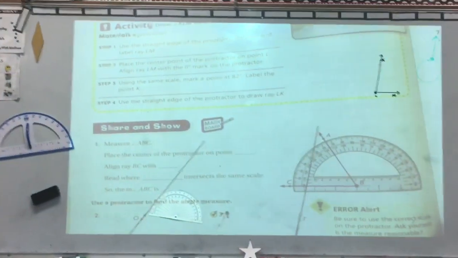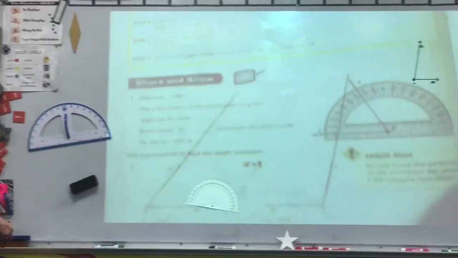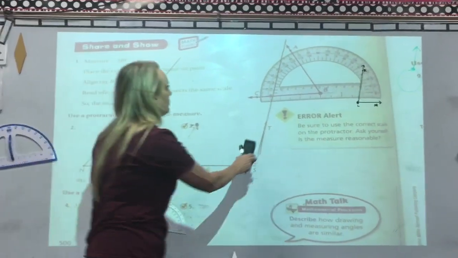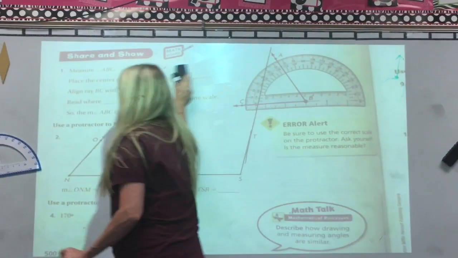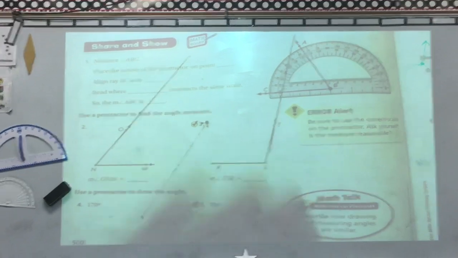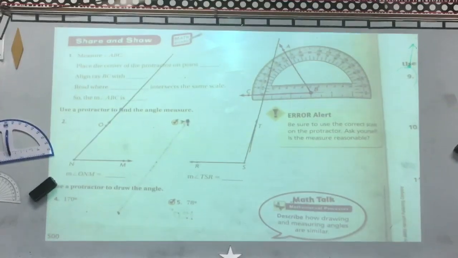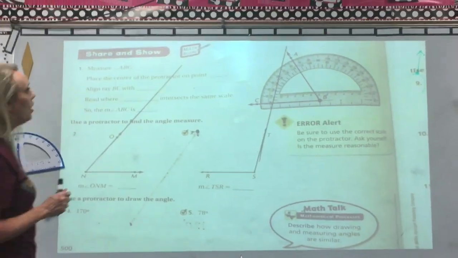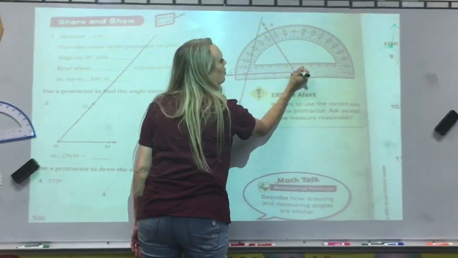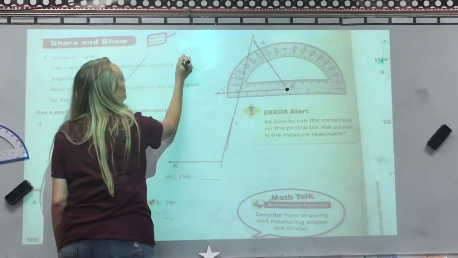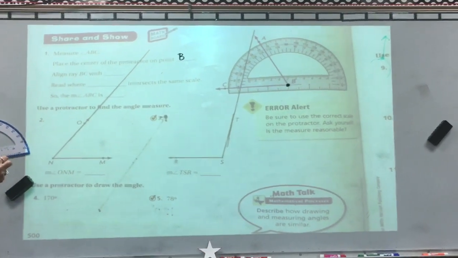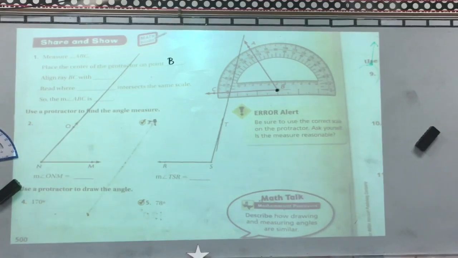Take a look at the next one. It says share and show. It says measure angle ABC. Place the center of the protractor on point what? Where do we put the center? Right there in the middle on point B. It says align ray BC with what?